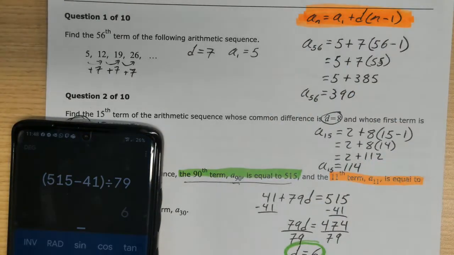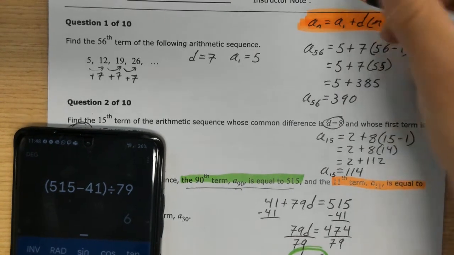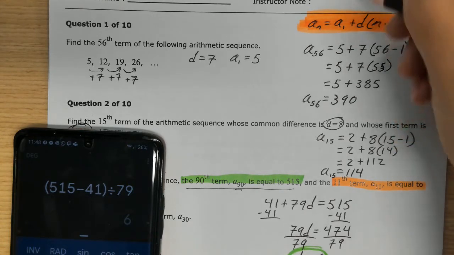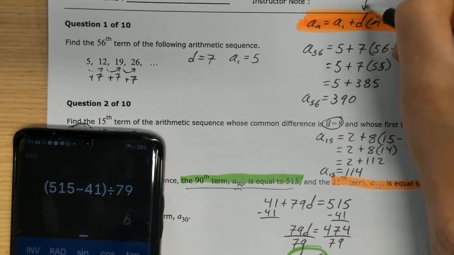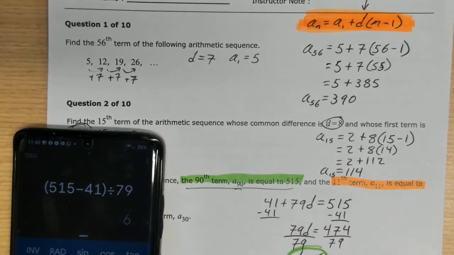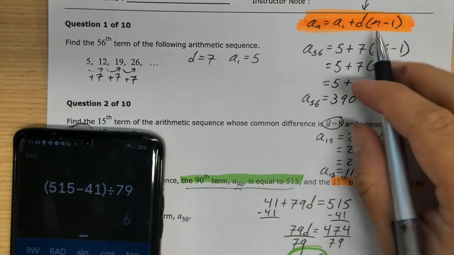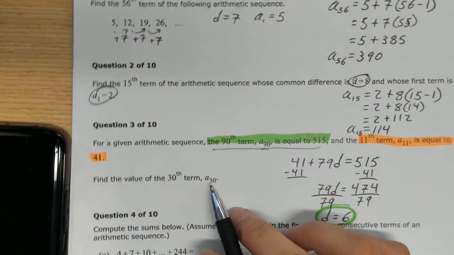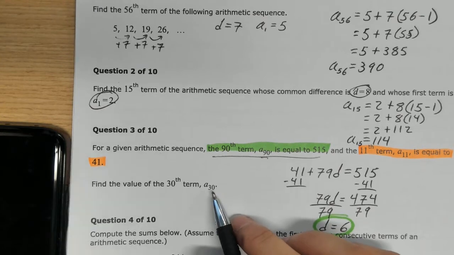So I'm trying to get every single piece of information that I need to put into this equation to find the 30th term. I needed to find D, and I did. N is the number of the term I'm looking for, so I know N will be 30, because that's the term it's asking me to find.